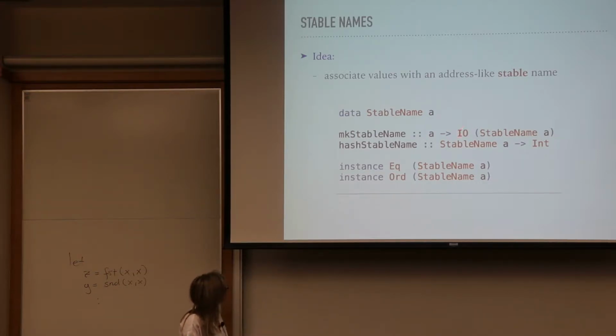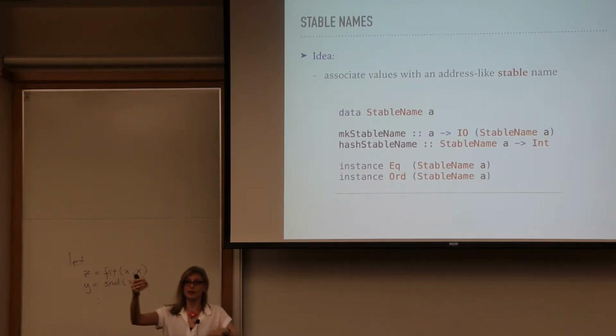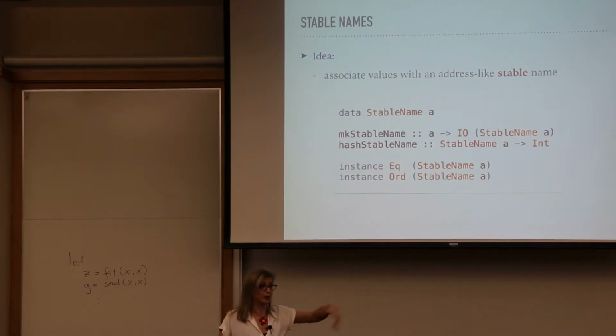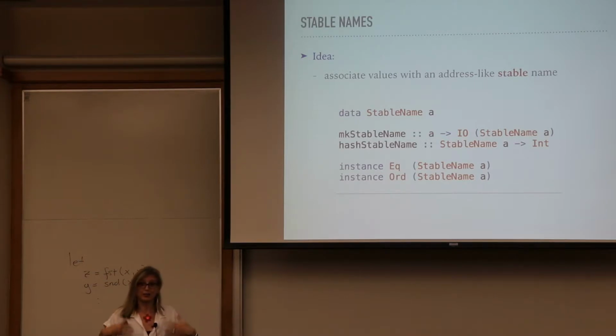For people not familiar with Haskell, this means that it's a side effect. If you expand this type, it takes a world and returns a stable name a and a new world conceptually. So it's still basically a pure function in that sense, because it makes the world explicit.